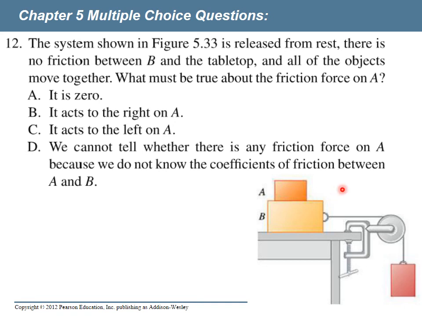So if A is going to start moving to the right, then I must have a frictional force on the bottom here, because there's nothing else touching it. I must have a frictional force on the bottom to move to the right as well. So the thing that's true is that the friction force on A acts to the right, and must act in order to accelerate A to the right.